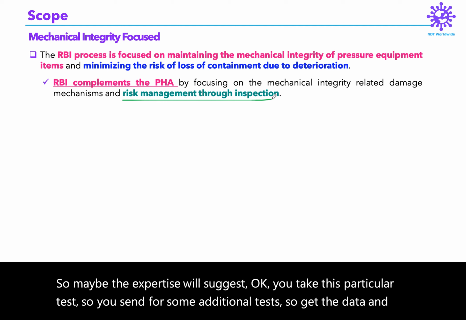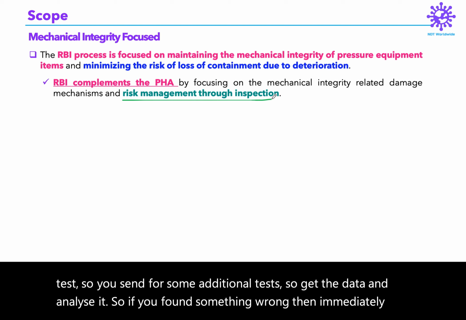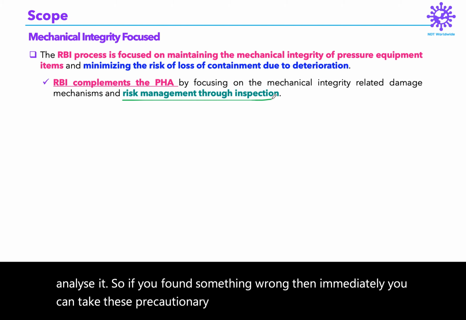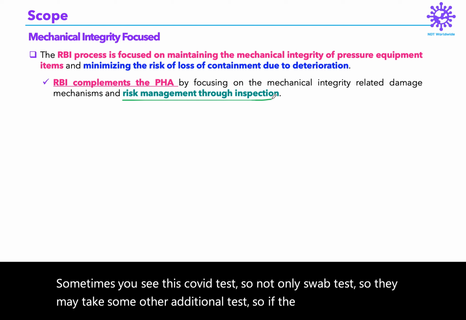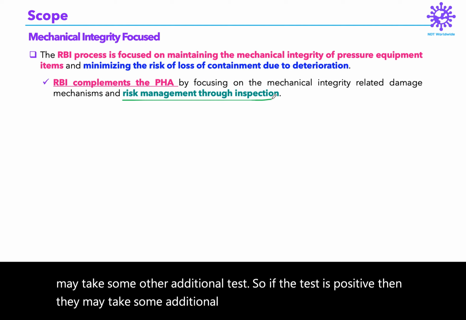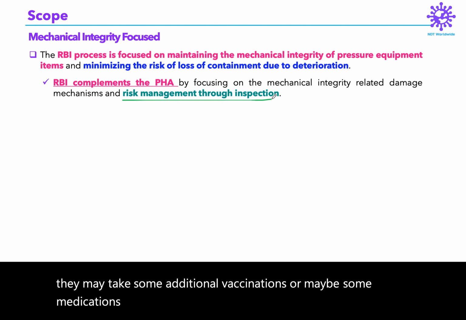If you find something wrong, then immediately you can take precautionary steps so that you can minimize the risk levels. Sometimes you see this COVID test. Not only a swab test, they may take some other additional tests. If the test is positive, then they may give some additional vaccinations or some medication so that they can control the patient situation.